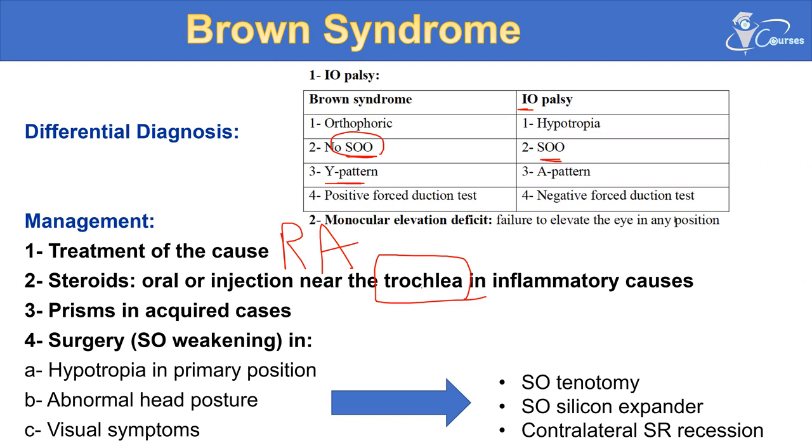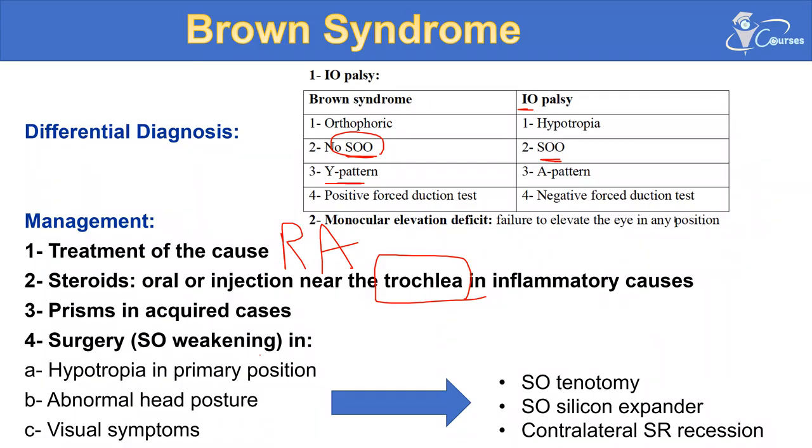So if the patient has rheumatoid arthritis, in this case we can do oral or injection of steroids near the trochlea. We can offer prisms in acquired cases, and we can do surgery. So surgery is just to do superior oblique weakening.